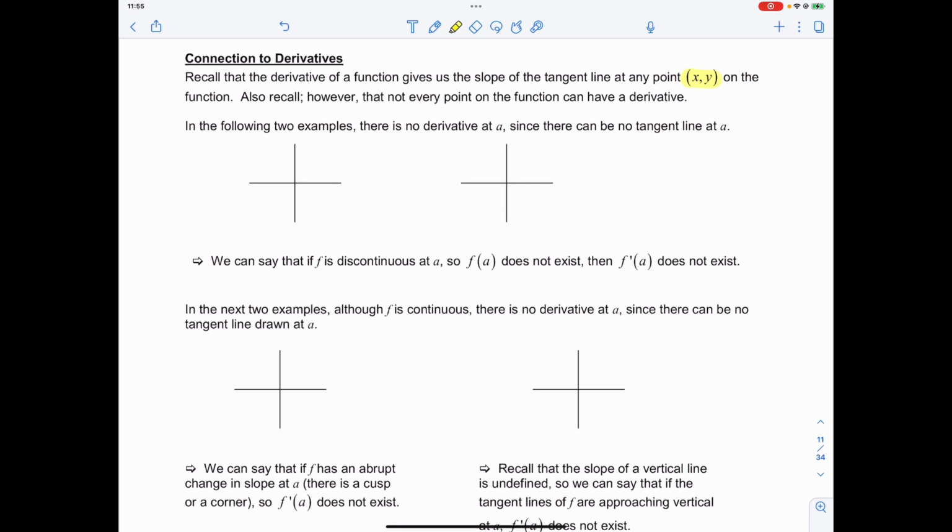So we could have one case where I have the point A and I have a vertical asymptote occurring at A, or I have the point at A and I have a jump discontinuity that is happening at A.